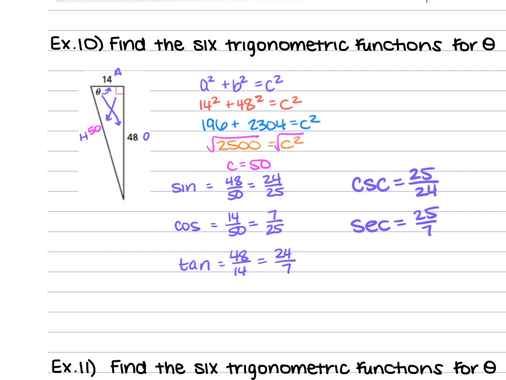And then for tangent, our reciprocal is cotangent, so that's COT, which instead of it being 24 over 7 is 7 over 24. So we're looking at, this is our sine, our cosine is 7 over 25, our tangent is 24 over 7, our cosecant is 25 over 24, our secant is 25 over 7, and our cotangent is 7 over 24.